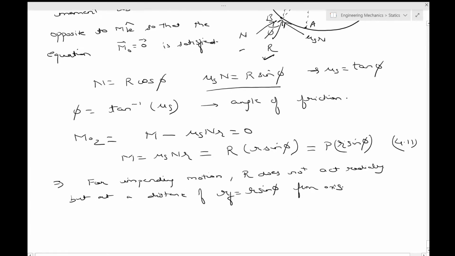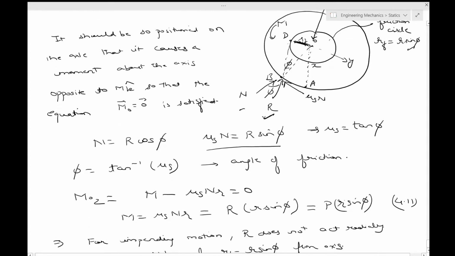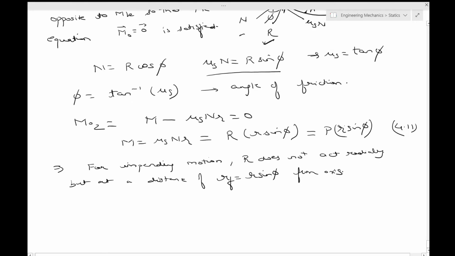So this circle is called the friction circle of the axle. I think we had already shown that over here. Okay, yes. This circle, and let me show that in another color, is called the friction circle for the axle and the bearing.